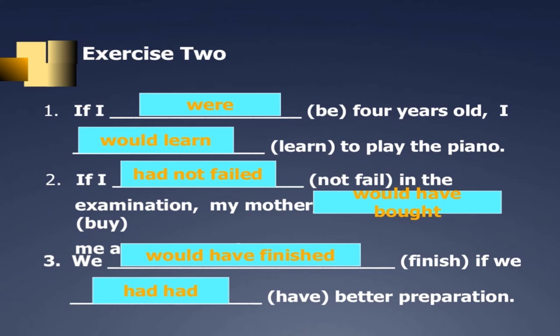Now in the third sentence, again we are talking about something which has already happened, and it cannot happen again. We would have finished if we had better preparation. It means that we have already done this thing, but not in a better way.